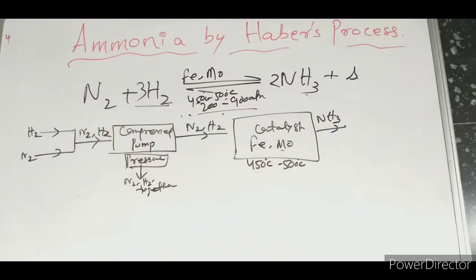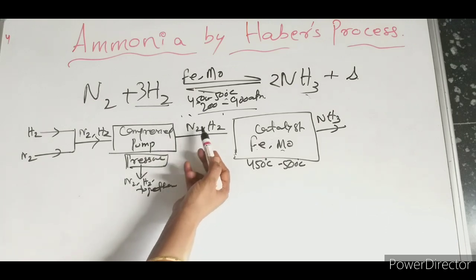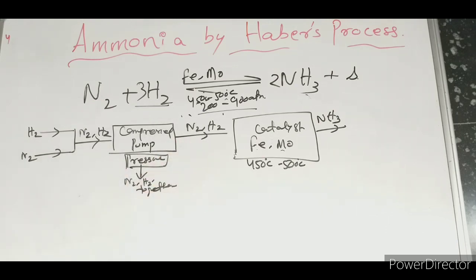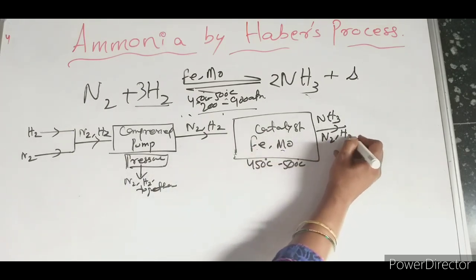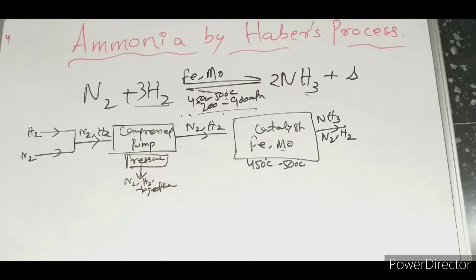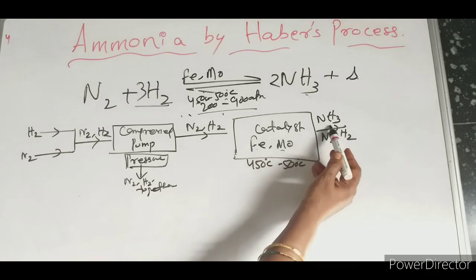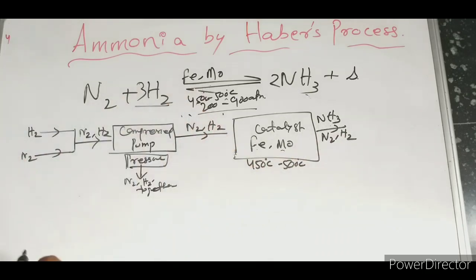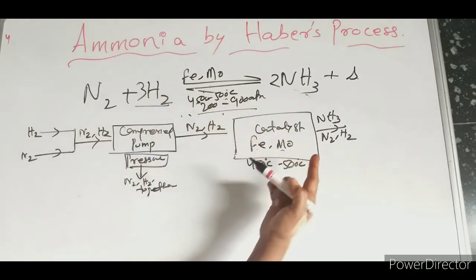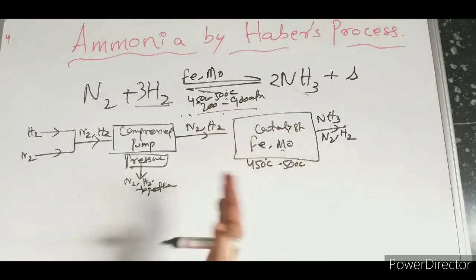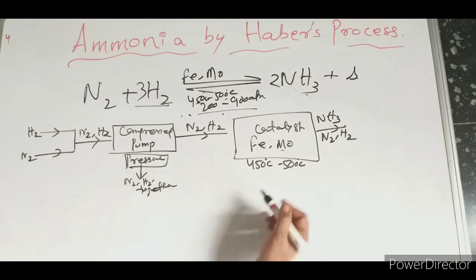Understood now? Do you think all the nitrogen and hydrogen will combine to give ammonia? No. Along with that, some uncombined nitrogen and hydrogen will also be present. Another fact: whenever ammonia is formed, here we have taken the reversible symbol. If the temperature goes above 500, the ammonia formed will decompose again.